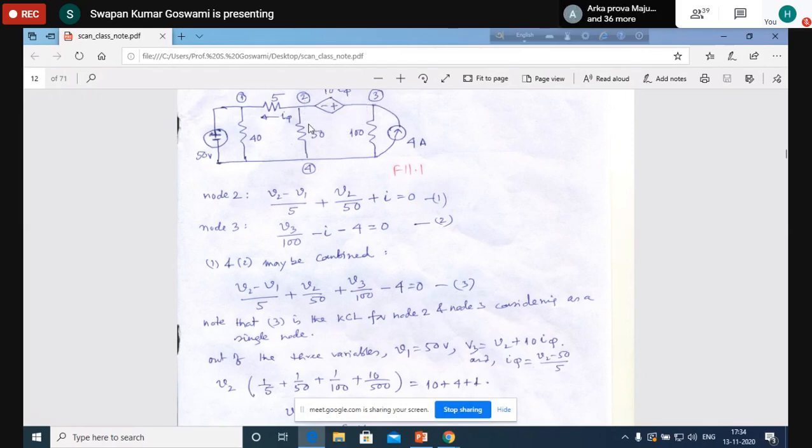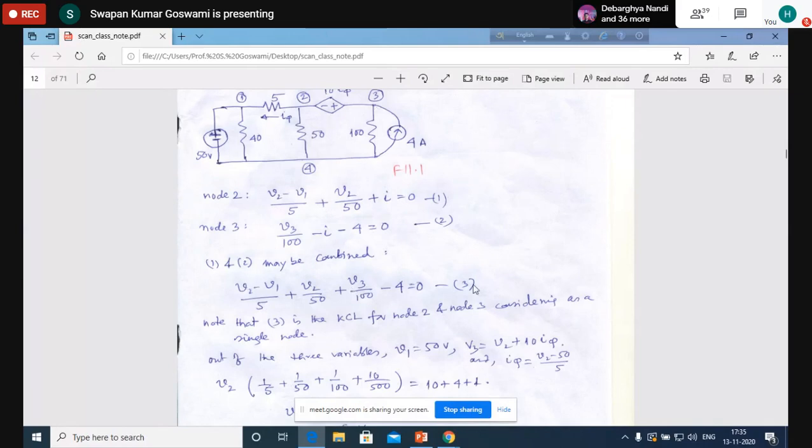When more than one node is considered as a single node, it becomes a super node. We have written two equations initially, then combined those two equations and finally obtained this equation. And this equation appears as if we have written the KCL equation of this circuit for node 2 and 3, considering them to be a single node.